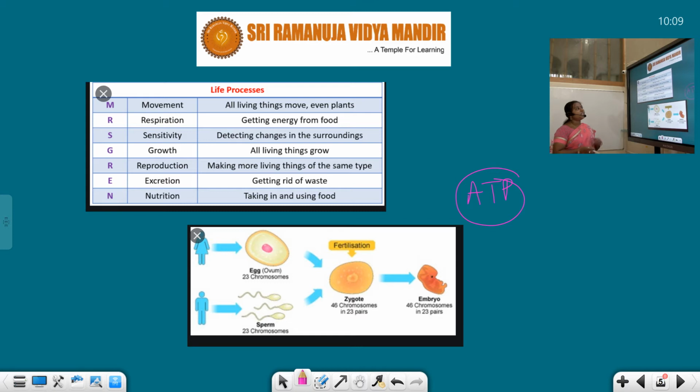And sensitivity: detecting changes in the surroundings. Many changes take place in the surroundings, like change in temperature and change in humidity, and many factors influence the life of living creatures.